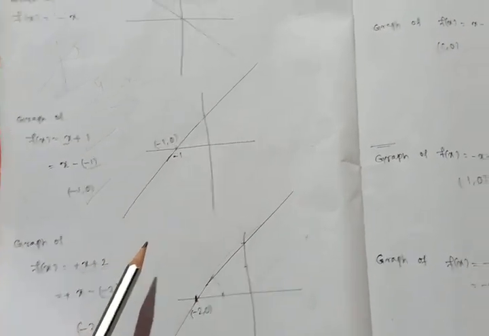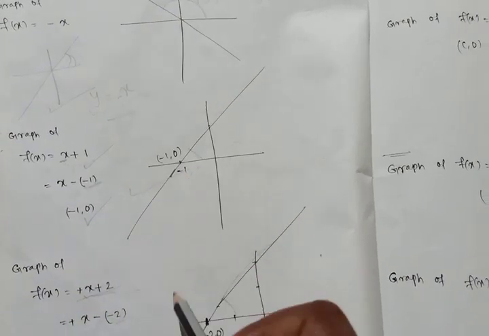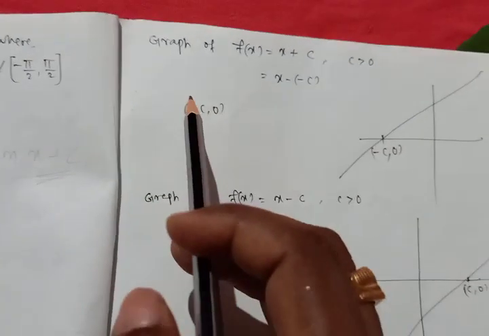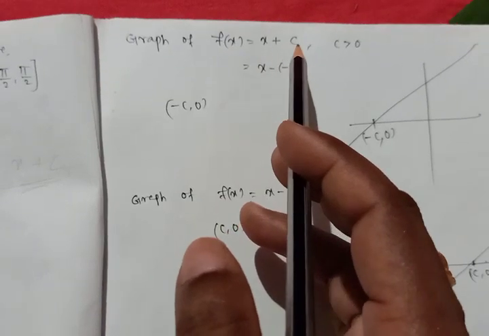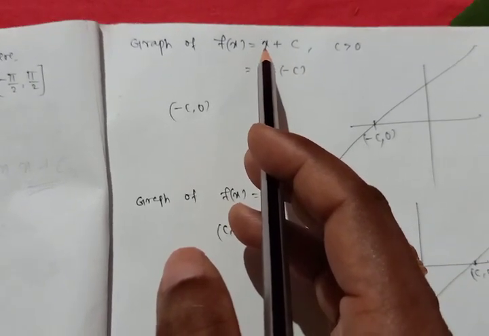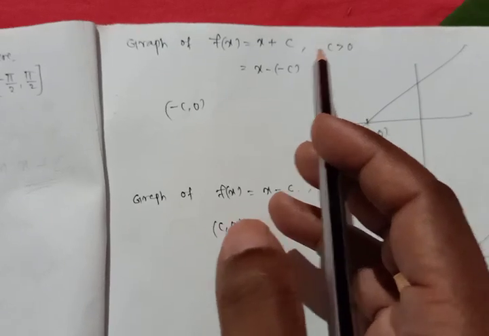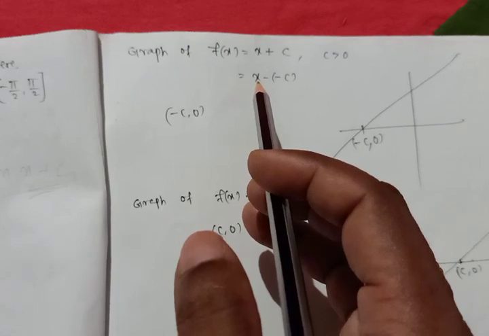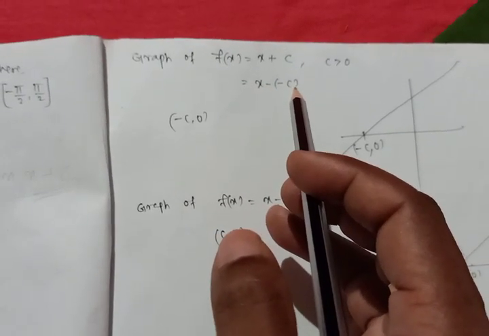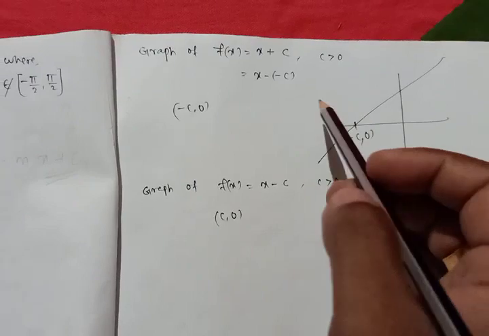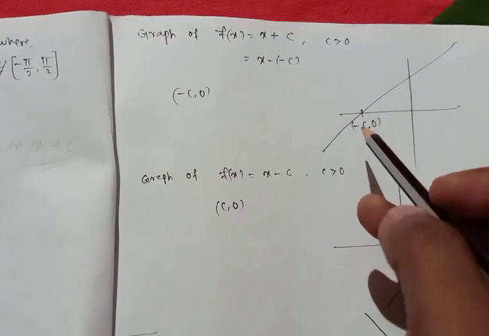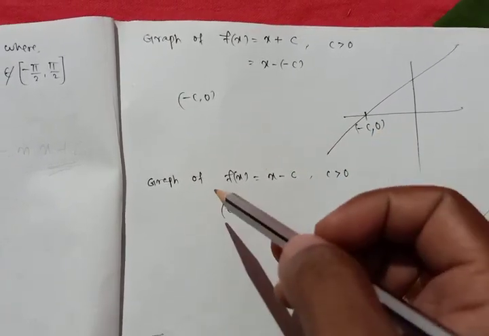So we have already completed two graphs. In each case the slope is 1. If we conclude it as a note, we get that if the function is f(x) equals x plus c, here the slope is 1 and c is a positive term. So try to write it as x minus something. We get x minus minus c. That means the straight line will pass through the point (minus c, 0), and makes an angle of 45 degrees with the x-axis.